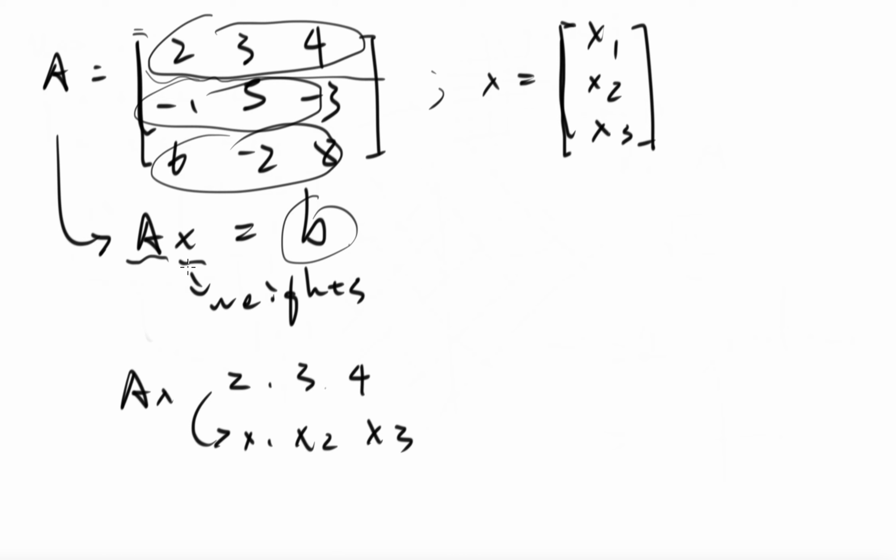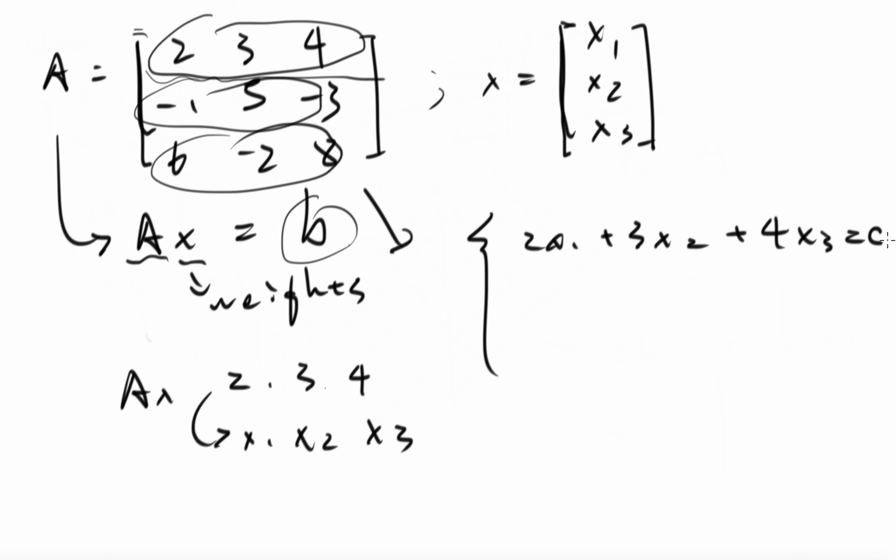When we multiply the weights and the matrix, the system is going to be: 2x1 plus 3x2 plus 4x3 equals c1. Negative x1 plus 5x2 plus negative 3 times x3 equals c2.